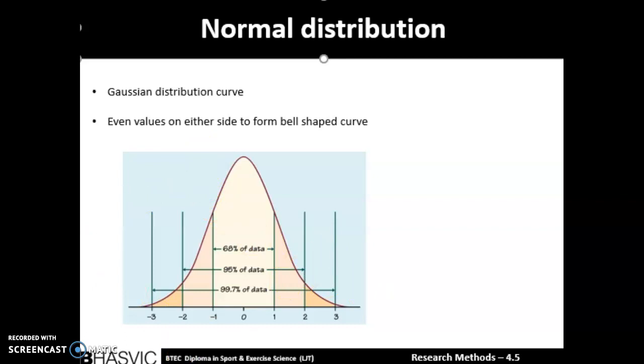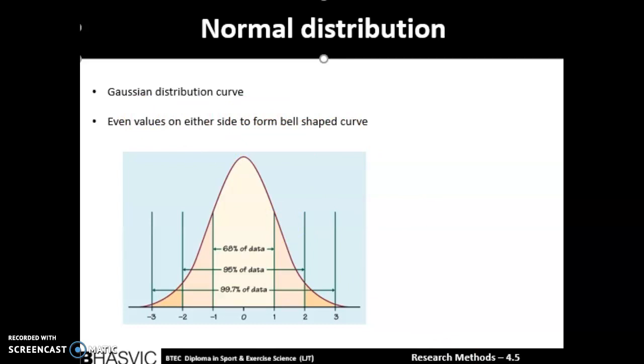It basically refers to the data being normally or equally distributed on either side of this curve in a symmetrical fashion. And basically when both sides of the curve have equal or even data, the curve is a perfectly symmetrical bell shape, and this is referred to as a Gaussian distribution curve, with even values on either side to form the bell-shaped curve.